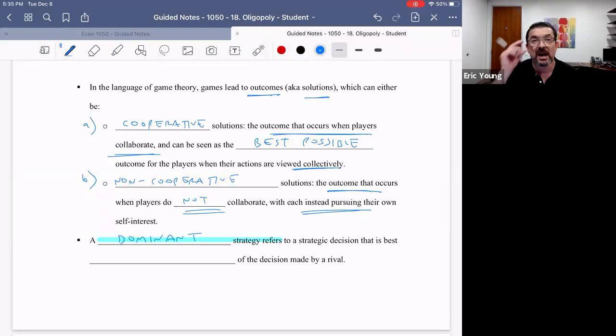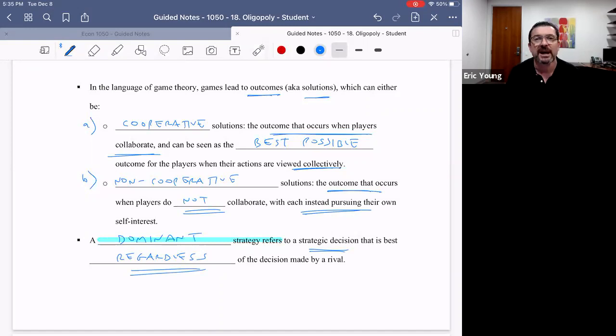A dominant strategy has a specific definition, my friends. A dominant strategy refers to a strategic decision that is the best decision, and this is the key, regardless of what your rival does. Okay? A lot to take in. We'll say it again, and then we'll do a little model of it.